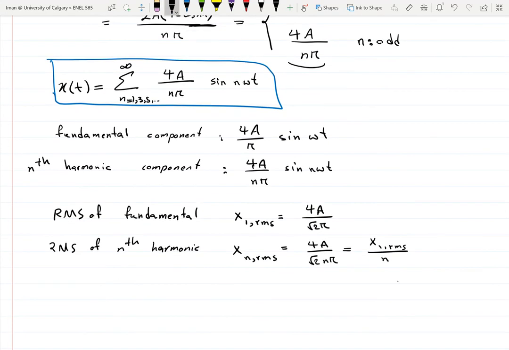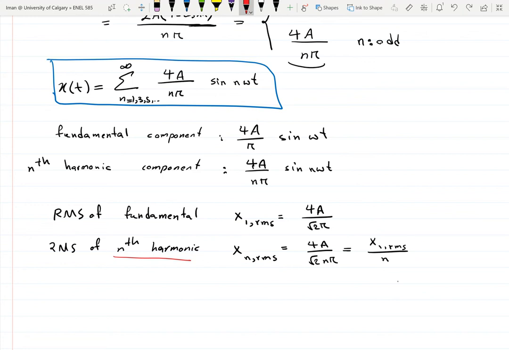Now, what's my RMS of the fundamental? Since this is a sinusoidal waveform, the RMS value would be just divided by root 2 here. And what's the RMS of the nth harmonic? So x n RMS is going to be, again, because this is a sinusoidal waveform, we divide by root 2.